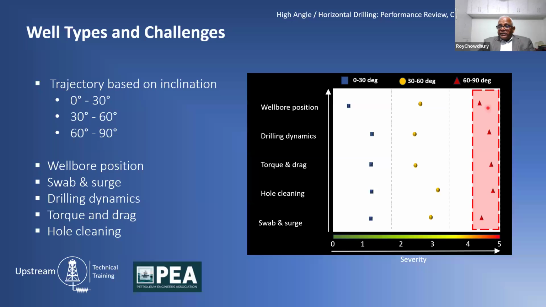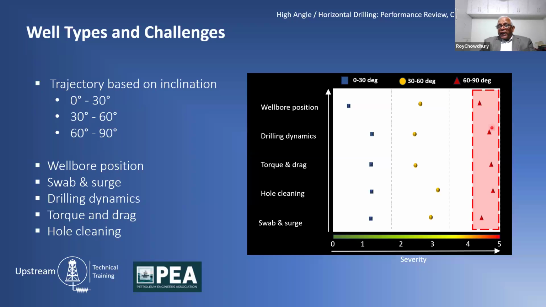But thankfully, these days we do have algorithms taking care of this. So this is probably not much of a worry, but obviously the challenge is much greater than for wells which are 30 degrees or 60 degrees. Similarly, the drilling dynamics challenge becomes very high on 60 to 90 degree wells.